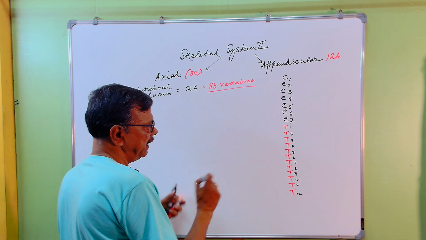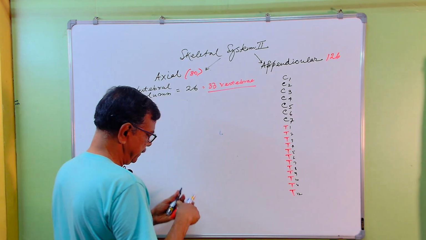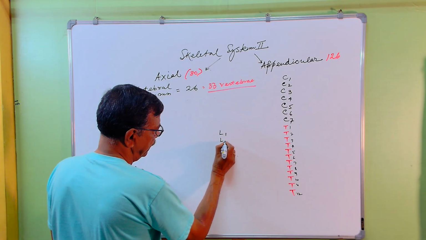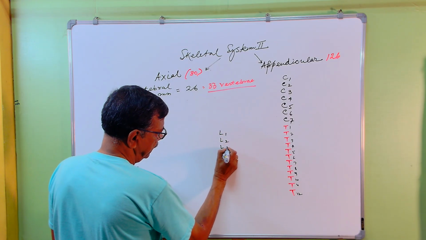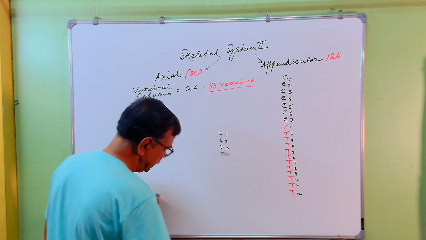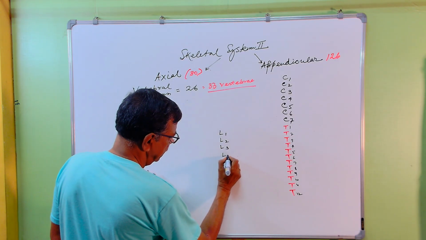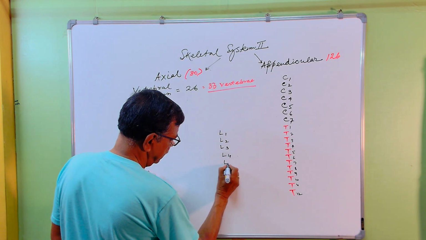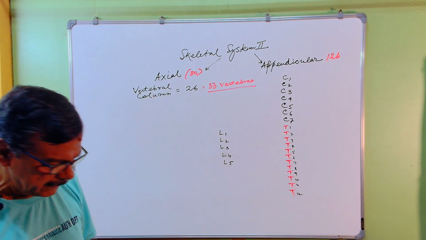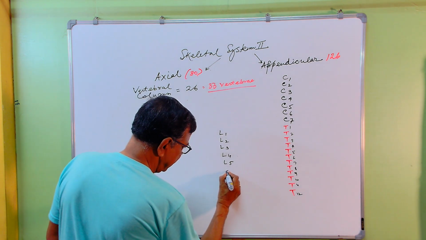I am writing lumbar somewhere else. There are 5 lumbar vertebrae and thereafter sacral.